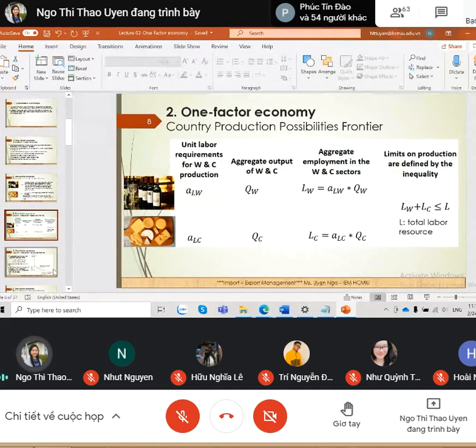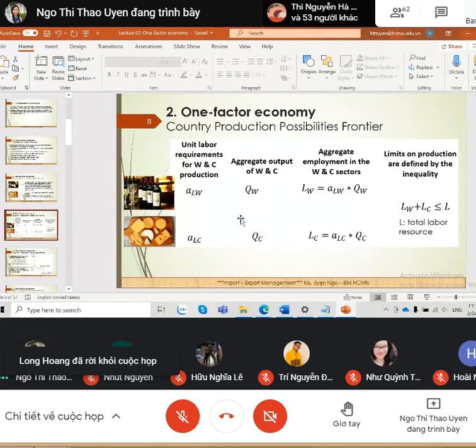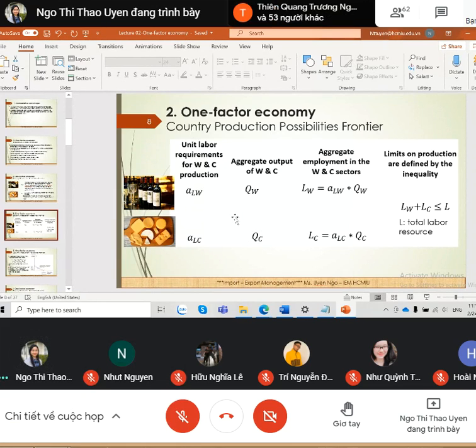In a one factor economy, we need to know the production possibility frontier, and to draw it, we have other terms to consider. First, the unit labor requirement. Second, the output, or the quantity produced, of wine and quantity produced of cheese. And LW is the total amount of labor, the amount of employment, actually used in wine production.